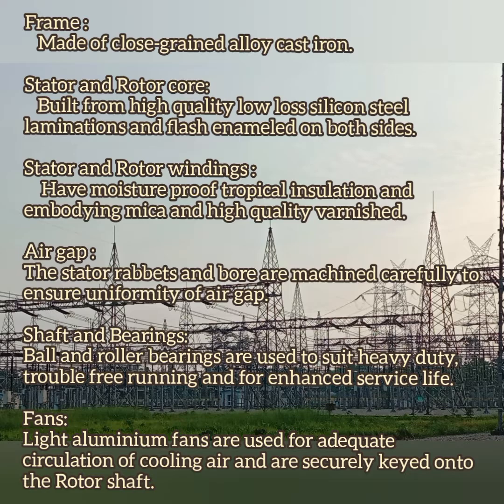The next parts of the three-phase induction motor: the frame is made of close-grained alloy cast iron. This is the outer covering of the motor. Then the stator and rotor core is built up of high quality, low loss silicon steel laminations, flash enameled on both ends. Then the stator and rotor windings are moisture proof and made of copper or aluminum. Mostly it is copper, varnished and insulated with mica sheets.